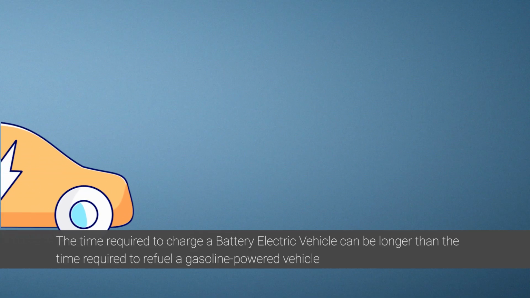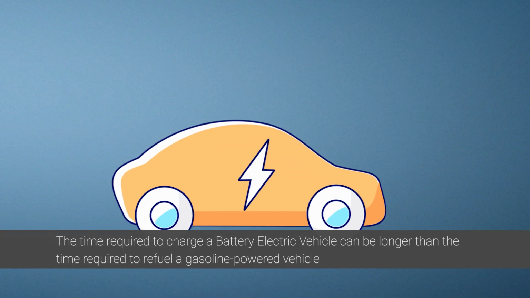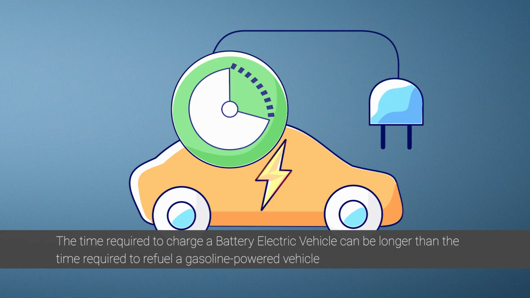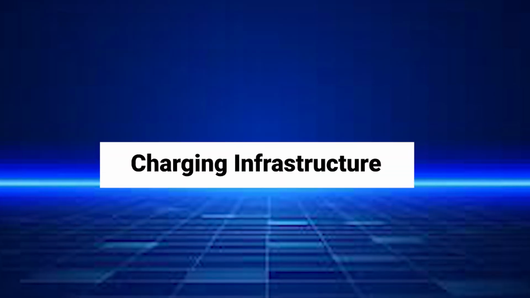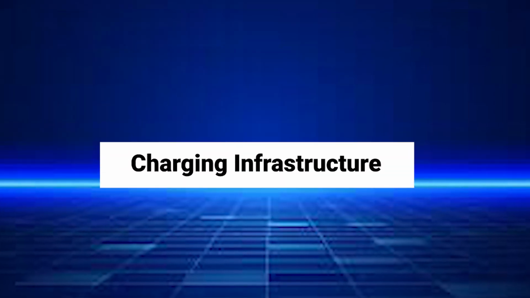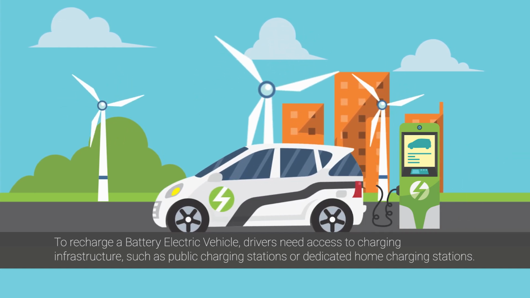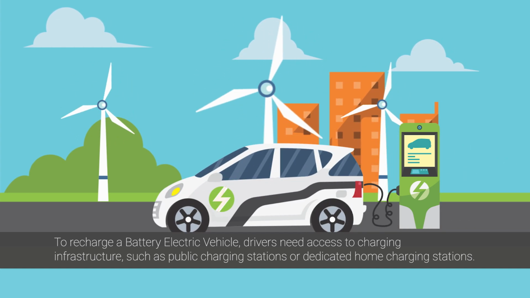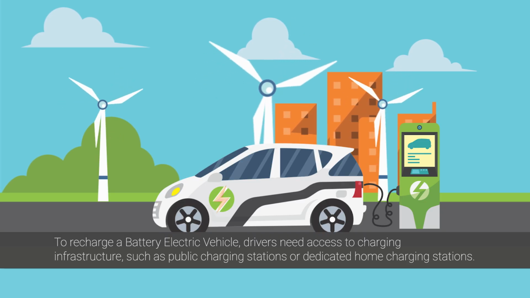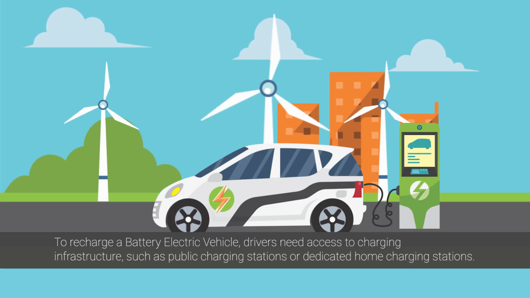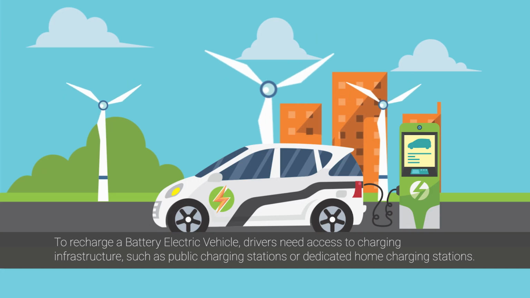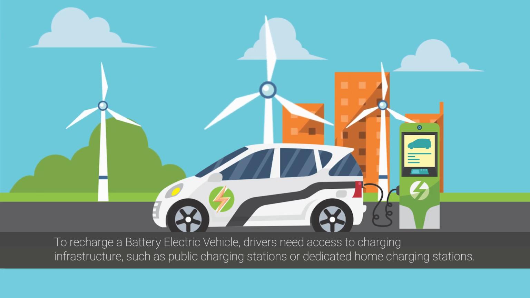The time required to charge a battery electric vehicle can be longer than the time required to refuel a gasoline-powered vehicle. Third, charging infrastructure. To recharge a battery electric vehicle, the driver needs access to charging infrastructure such as public charging stations or dedicated home charging stations.